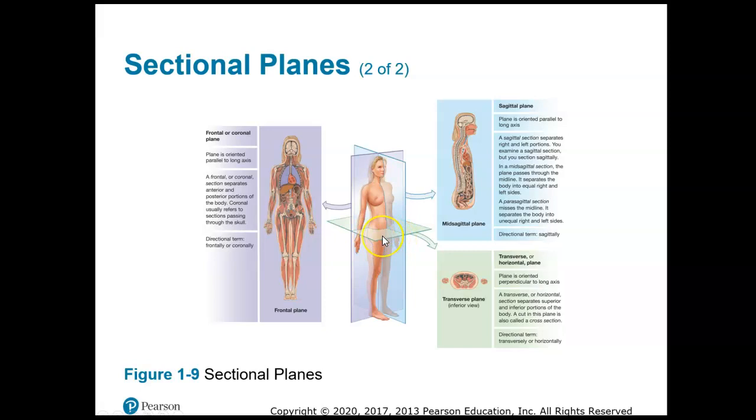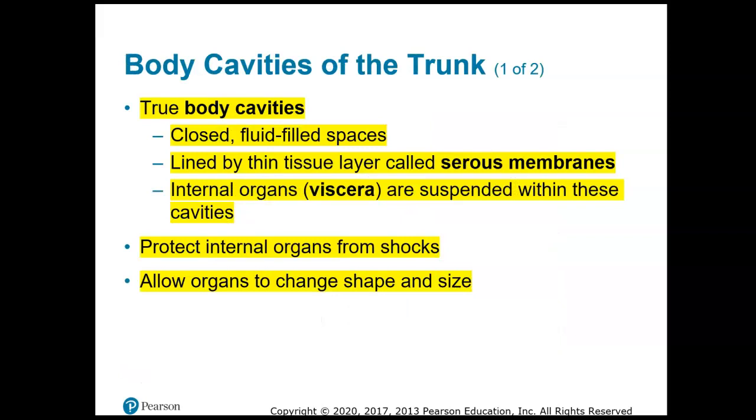And then the green glass is cutting through in a transverse plane, which is going to be like a cross section that's going to cut horizontally through the body and divide it into upper and lower portions, or we could say superior and inferior portions.